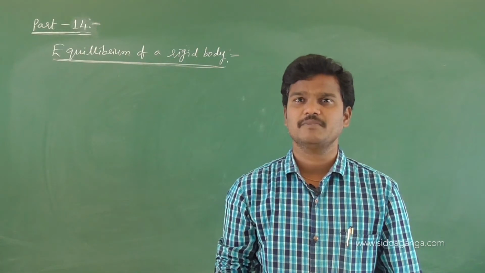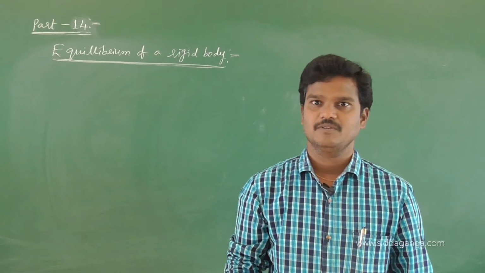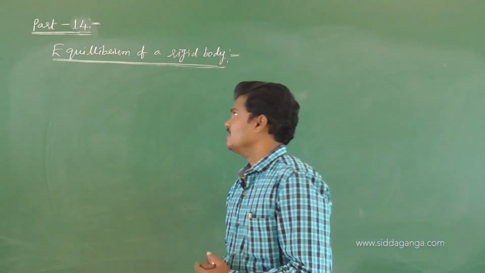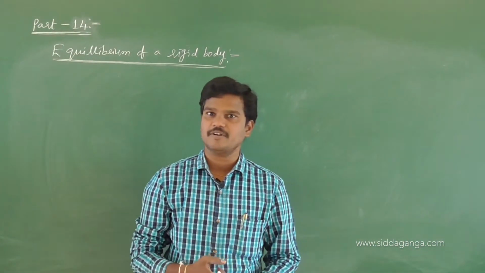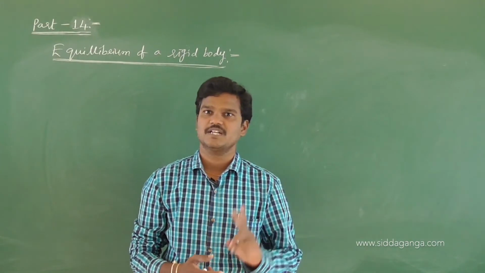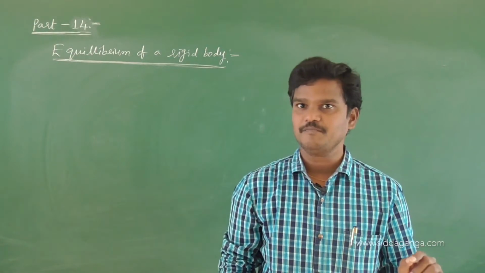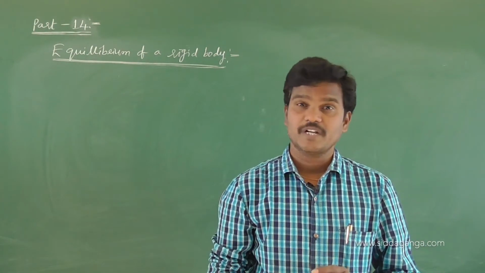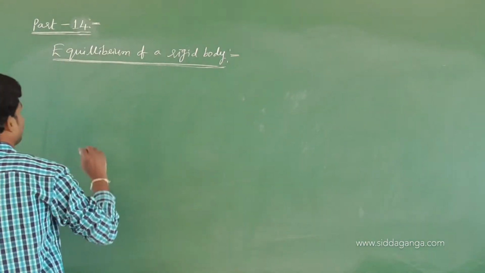Mechanical equilibrium is nothing but the combination of translational equilibrium and rotational equilibrium. So here a rigid body has two types of equilibrium. One is translational equilibrium, the other one is rotational equilibrium. Now let us see what is translational equilibrium.